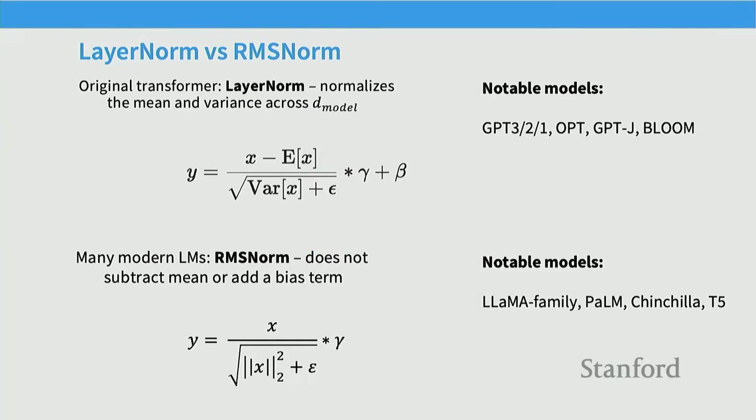The other thing that people now do is in the original transformer, people did layer norm. And so layer norm is this equation over here. What you do is you have the activations x coming in. You subtract the empirical mean, so that's the average of the x's up top, and then you divide by the variance plus a little fudge factor epsilon, and then you square root that.